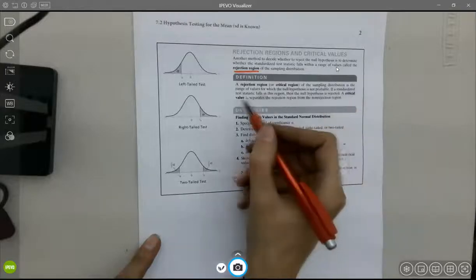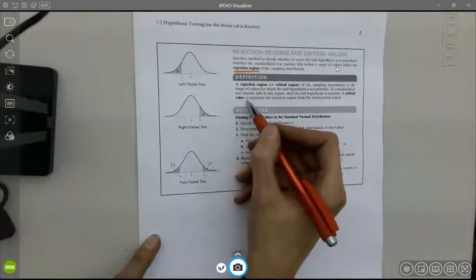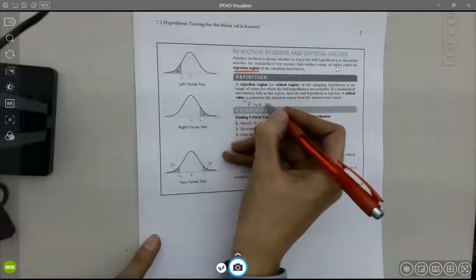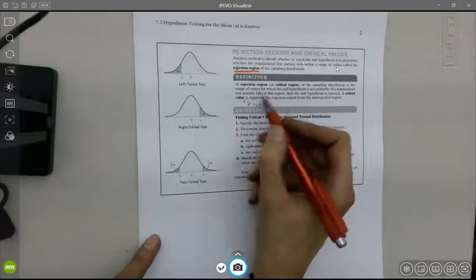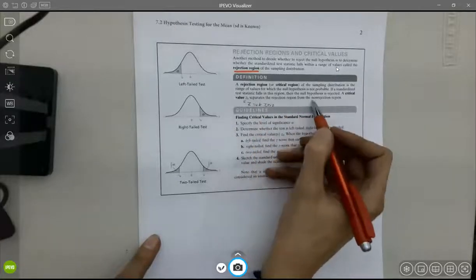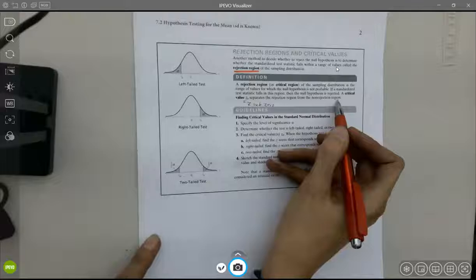A critical value, z sub 0. So, z sub 0 separates the rejection region from the non-rejection region. How do we find the rejection region?